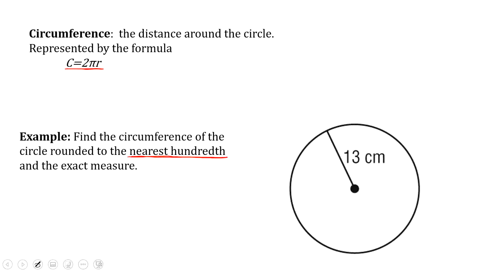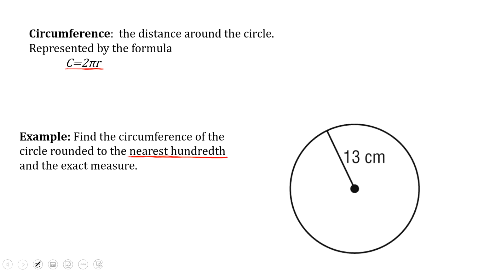The square root of 2 is an irrational number. It goes on forever. We don't know whether it actually ends or not. So just remember, for exact values, leave it in terms of pi or in radical form. If rounding to the nearest hundredth, then you're able to use the square root of 2 is 1.414 and pi is 3.14. You're able to make those estimates to calculate the values.